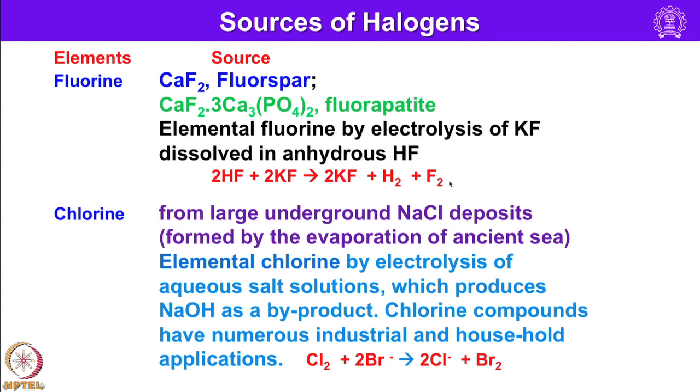Chlorine is essentially obtained from large underground sodium chloride deposits formed by the evaporation of ancient seas, and elemental chlorine by electrolysis of aqueous salt solutions, which produces sodium hydroxide as a byproduct. Chlorine compounds have numerous industrial and household applications.